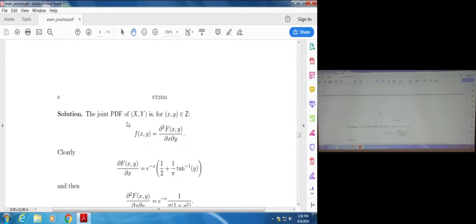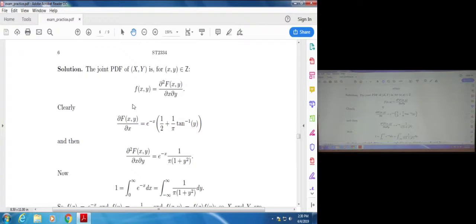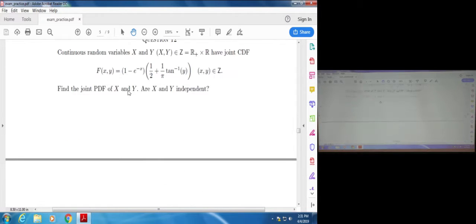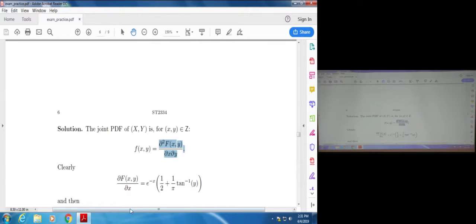Okay, so first of all, define the joint PDF. We maybe have not seen this in lectures, but it doesn't matter, you'll know this now. If you want to find the joint PDF for two random variables given its CDF, I just differentiate that function twice, first with respect to x and then with respect to y. The order won't matter in this course. Okay, so if I differentiate with respect to x, obviously this function does not depend on x, and this one is going to give you e to the minus x.